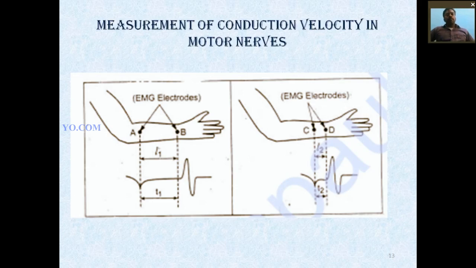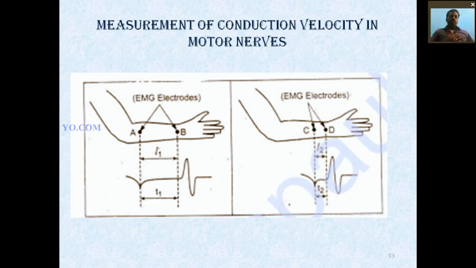Then, measurement of conduction velocity in the motor nerve system. In order to measure the conduction velocity, we are using two electrodes. First we place an electrode at a position, point A, and put another electrode at position B. The length between A and B is considered as L1.